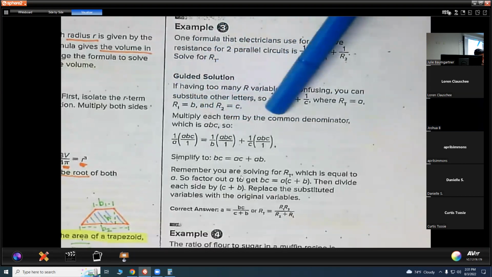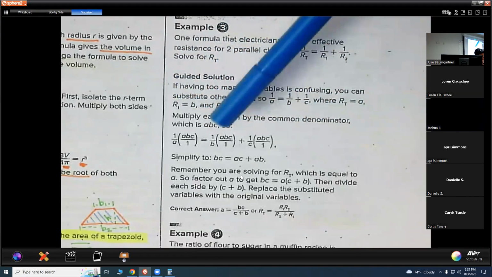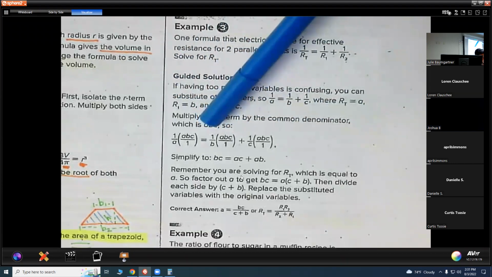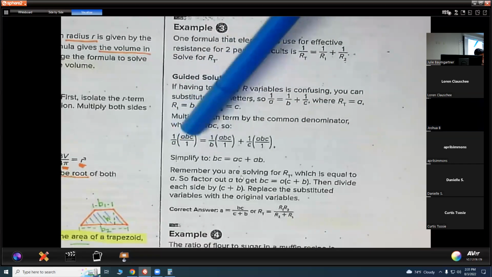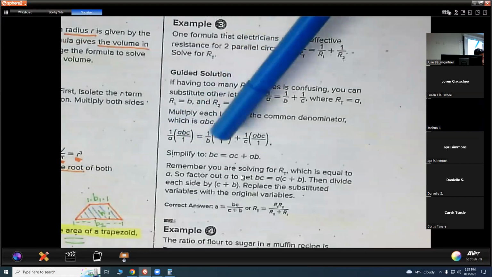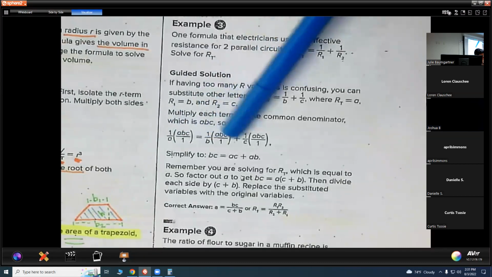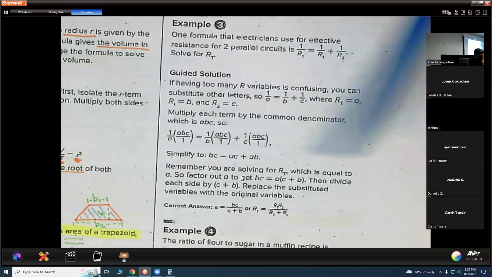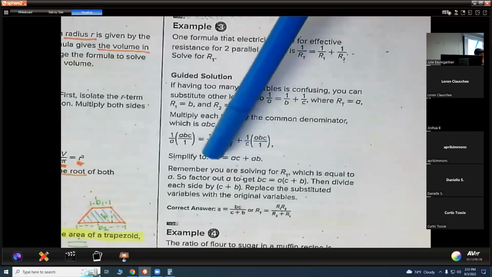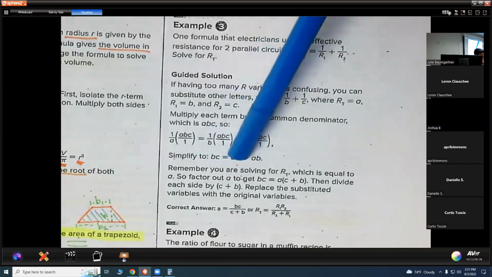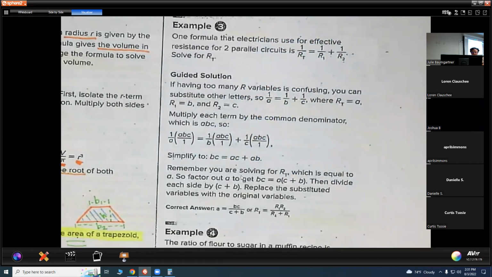So multiply each term by the common denominator, which is ABC. So we have 1/A times ABC over 1, 1/B times ABC over 1, and so on. We simplify it down, and we get BC equals AC plus AB.